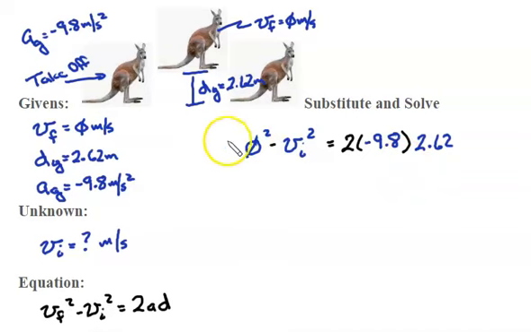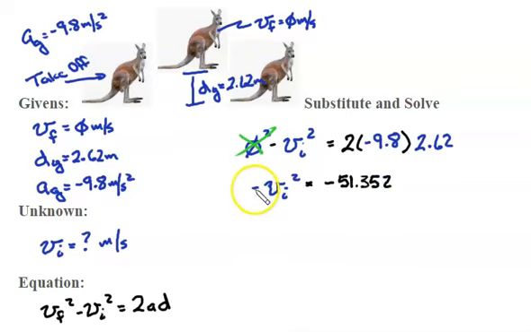Alright, so 0 squared is 0, so that blows up, giving us a negative velocity initial squared equals, and I can dump all of this side into my calculator, and I get a negative 51.352.